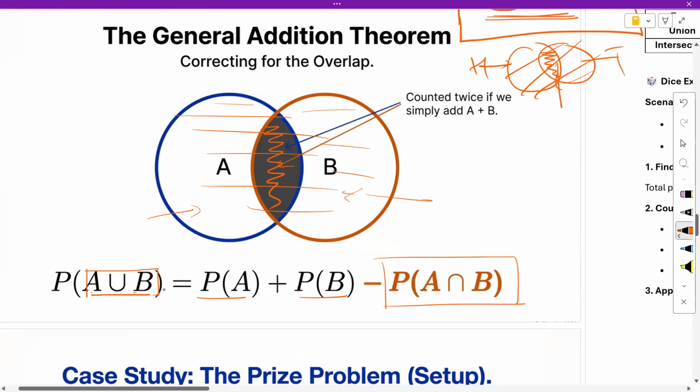At the same time, look at this formula now. It has two parts.